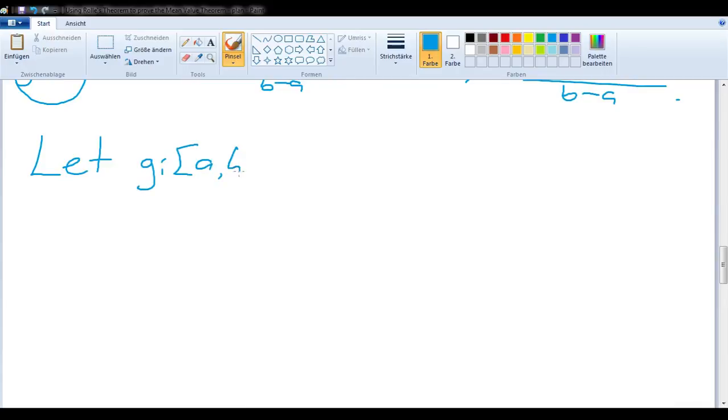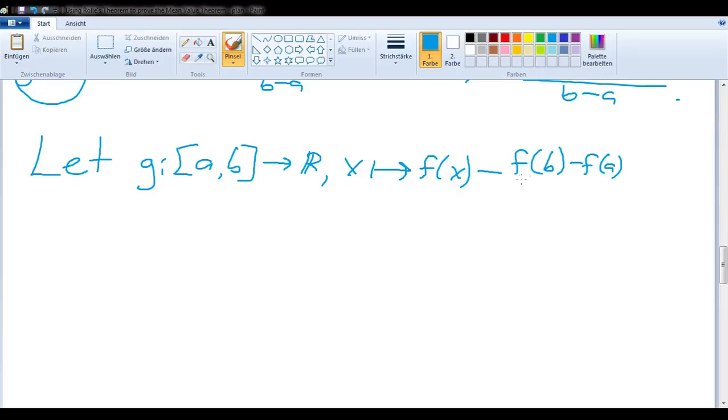We have the closed interval a b going to the reals, where x is sent to f of x minus, because we have a somewhat more elegant version than before, f of b minus f of a over b minus a, and we're multiplying that by x, right? That's our current version. But we saw that even with this more elegant version, it's not so easy to check that g of a is equal to g of b.